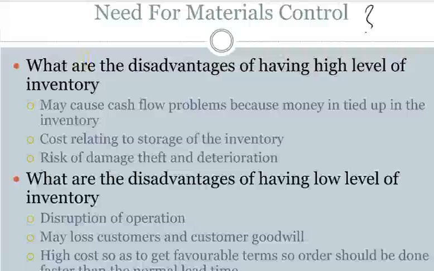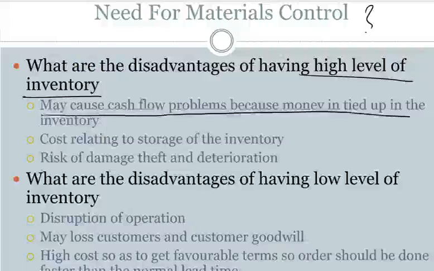So if we keep too much inventory, what are the disadvantages? The first disadvantage is it may cause cash flow problems because the money is tied up in inventory. Because we have used up all our money to buy too much inventory, it will cause some cash problems in our business, because now our money has been tied up in our inventory. We do have finances, but all the finances are inside our inventory. So this might cause cash flow problems.